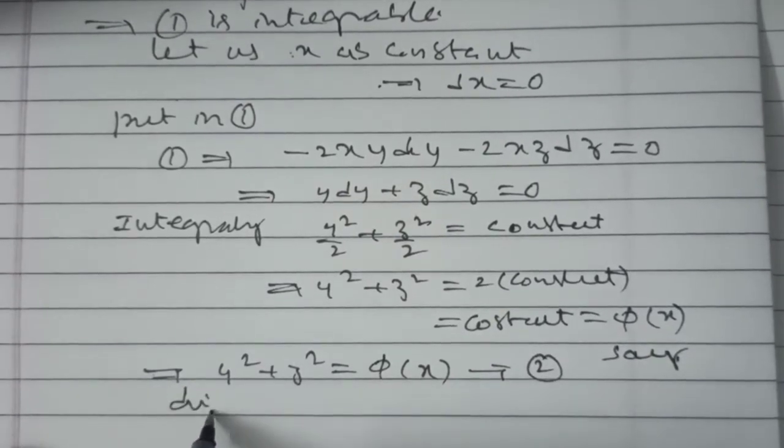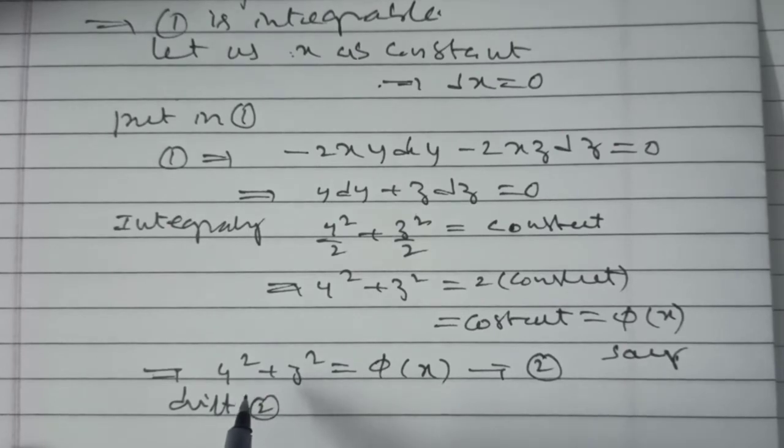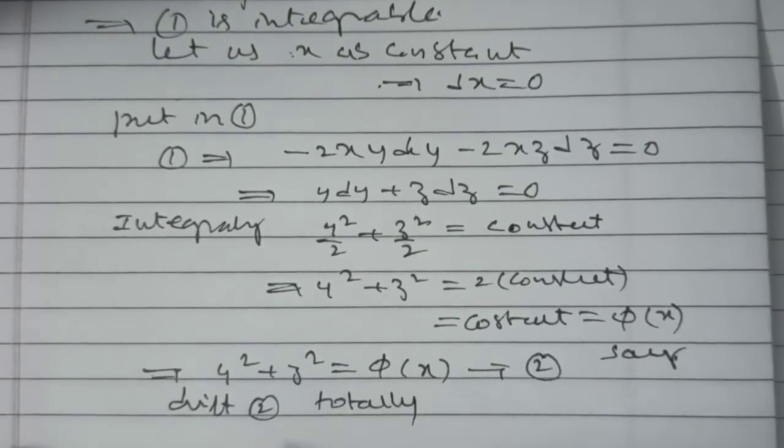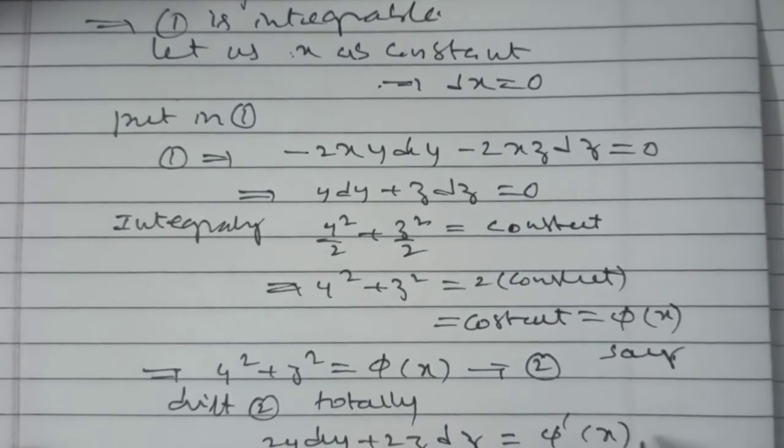Differentiate 2 totally: 2y dy plus 2z dz is equal to phi dash of x dx.